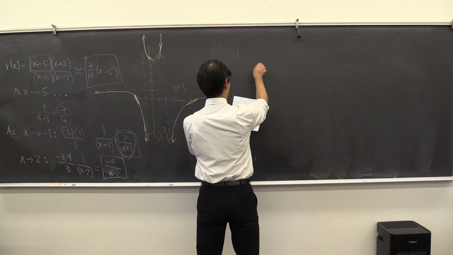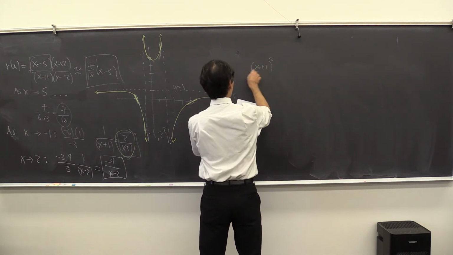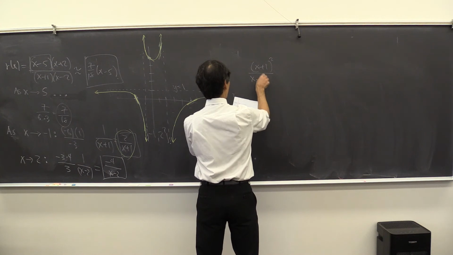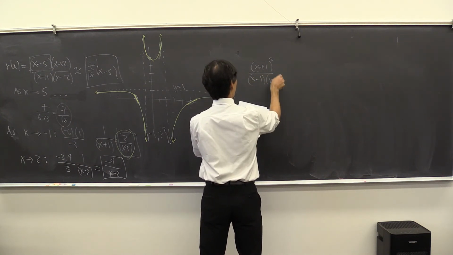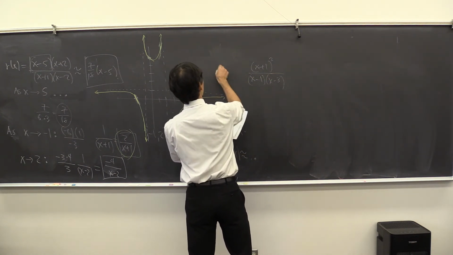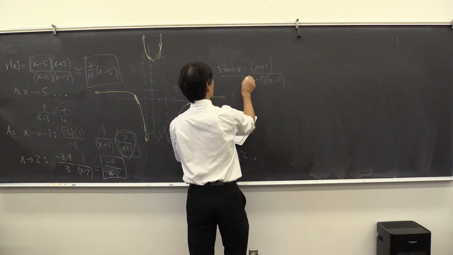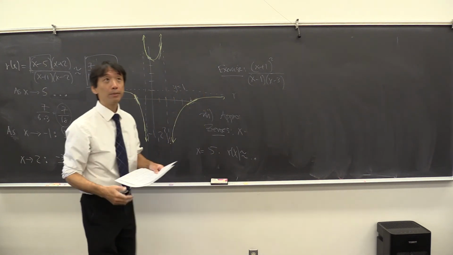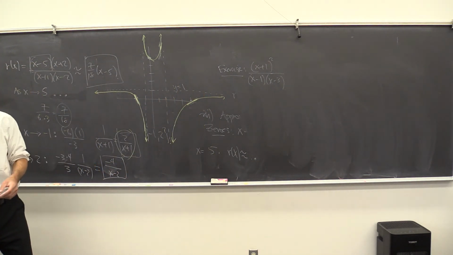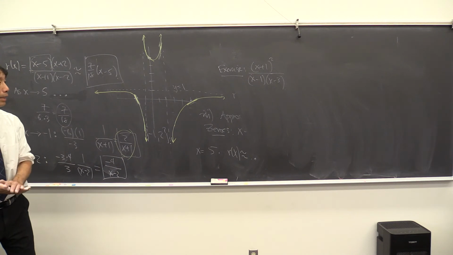So here's one from the text: x plus 1 quantity squared over x minus 1, x minus 3. Take a couple minutes to see if that works. See how that looks.